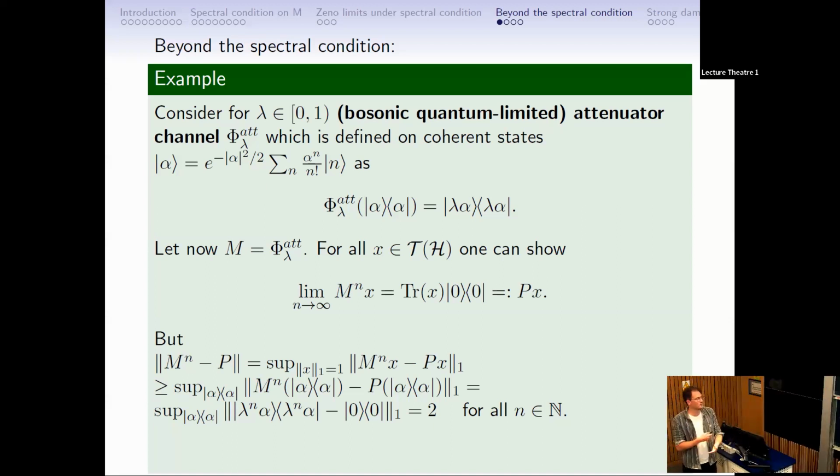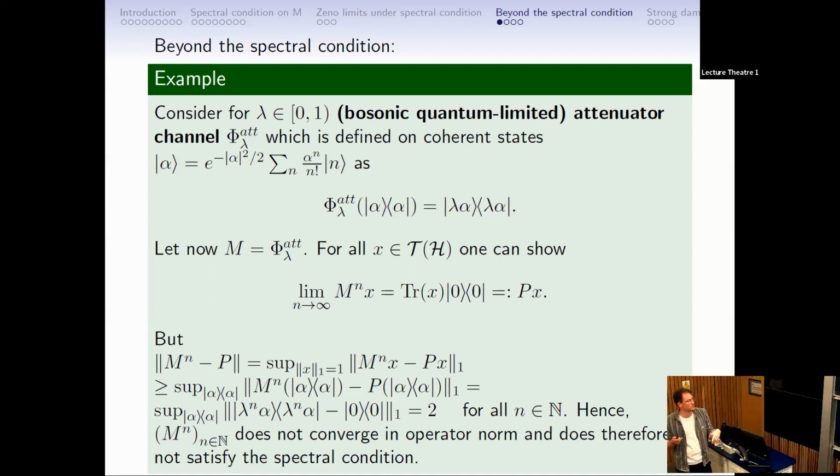And because uniform convergence is equivalent to the spectral condition by our proposition, we see that M does not satisfy the spectral condition. So all the results we had before, if you want to plug in M being this attenuator channel, won't give you any nice Zeno dynamics.